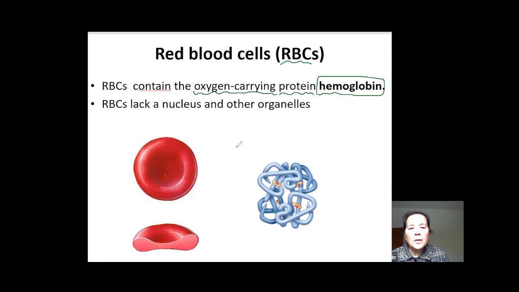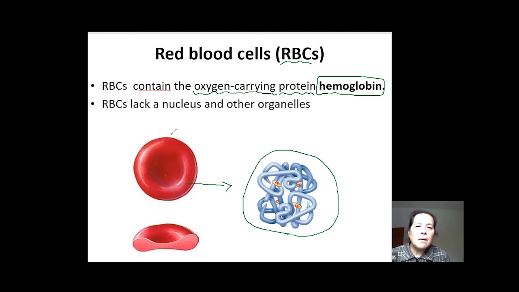We have a special kind of protein. It looks like we make it bigger and bigger. We take some hemoglobin outside and make it bigger and bigger again. Then we see a picture like this. That's the hemoglobin. When we talk about cells, we say they have a cell membrane cover, then a nucleus.